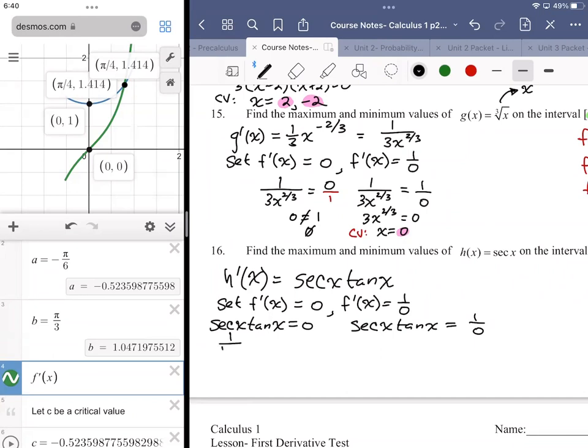The secant is the same as 1 over cosine of x. Tangent is the same as sine of x over cosine of x, which in turn would become sine of x over cosine squared of x. So on the left, we'd say it's equal to 0. On the right, we'd say it's equal to 1 over 0.